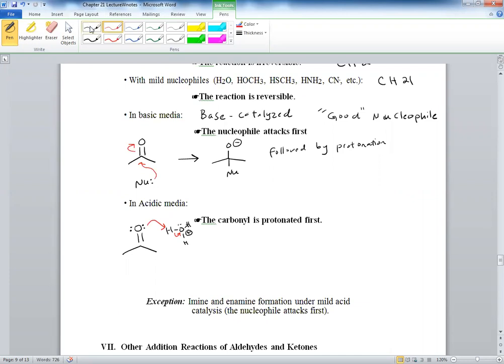So you form the protonated carbonyl, which is more electrophilic. So then this is followed by weak nucleophile attack. Or attack of the weak nucleophile. It was the water, the alcohol, etc.